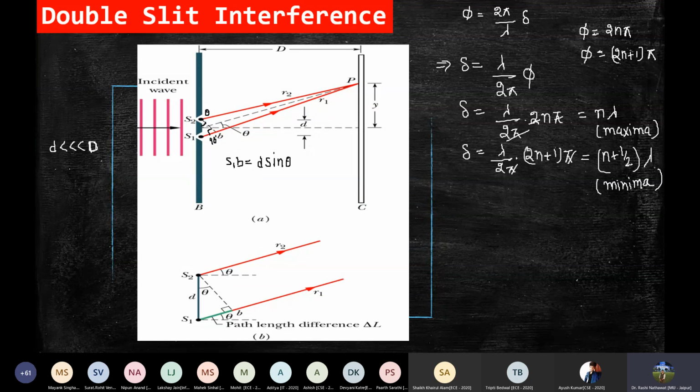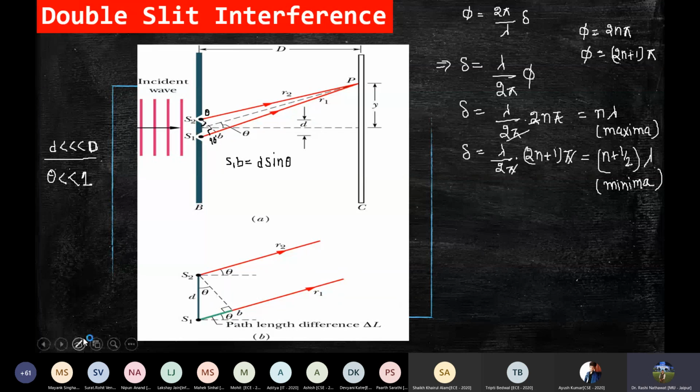The distance between the screen and the source is very large, so theta will be very less. So I should write on this condition, theta should be very less than 1.